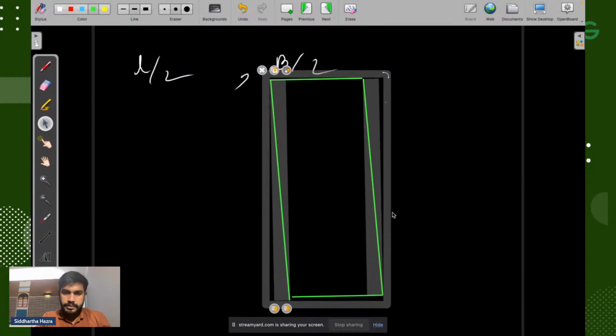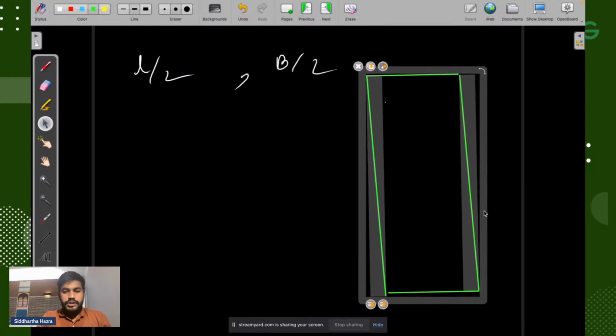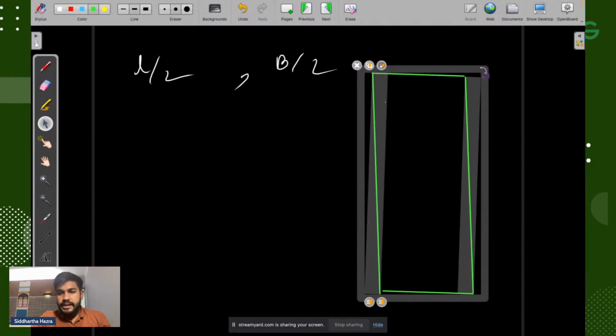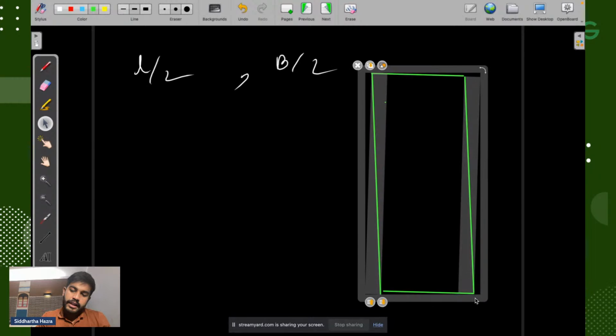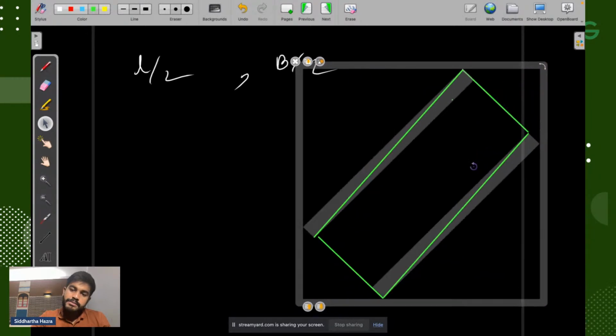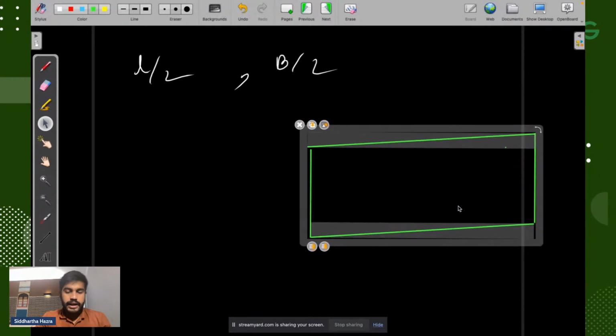Then you can see that this carpet is now rotated once. Then if you rotate it again, it would be of the same scenario. Like, see, it is the same thing. If you rotate a rectangle two times, it would be in its original position.